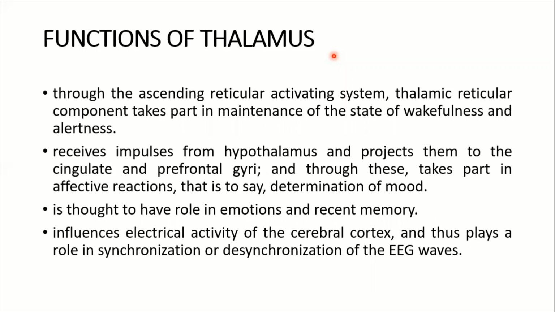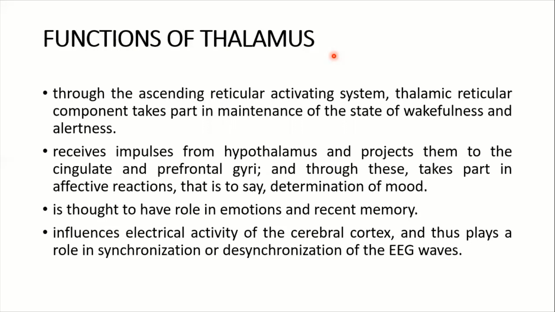It receives impulses from the hypothalamus and projects them to the cingulate and prefrontal gyri, and through these takes part in affective reactions, that is to say determination of mood. It is thought to have a role in emotions and recent memory.